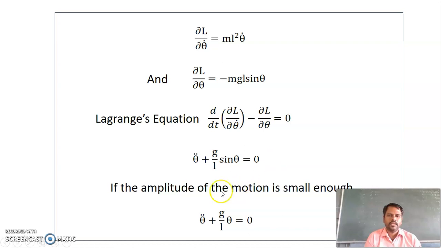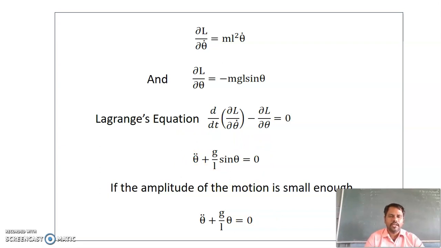However, note that if the amplitude of the motion is small enough, then sine theta is approximately equal to theta. Then the above equation can be rewritten as theta double dot plus g by L into theta is equal to 0. This equation is for very small amplitude. The earlier one is the general equation of motion for a simple pendulum.